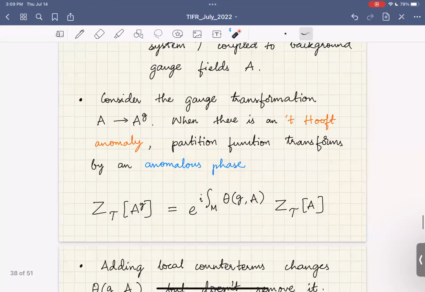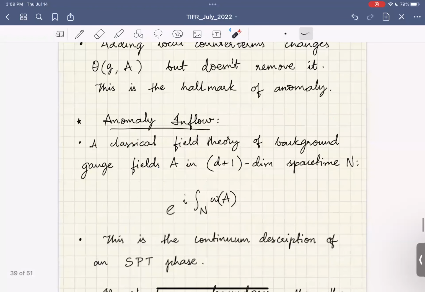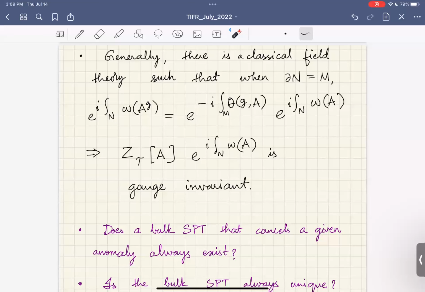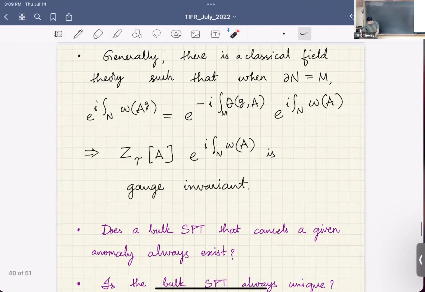Wasn't it the case that Z_T of A acquires the additional phase e to the i integral over N of omega of A, or am I wrong? Oh no, it acquires this phase without the minus sign. Let me show that.